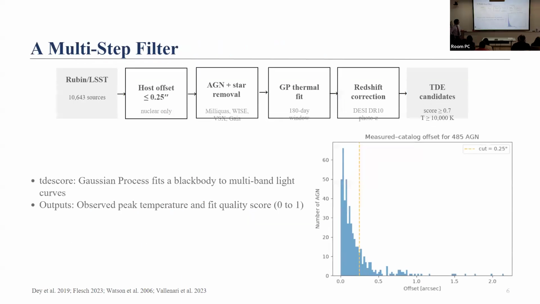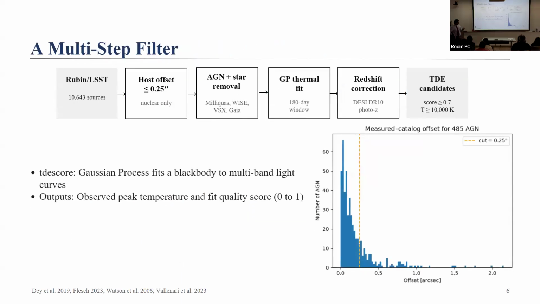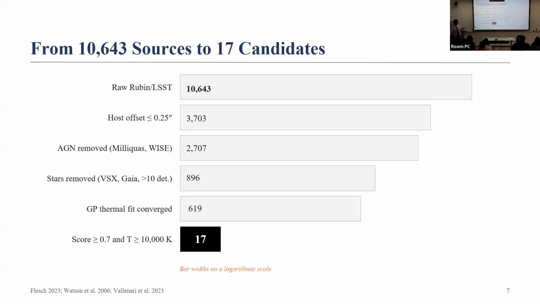Okay, so I'll go back to this. So 17 candidates were from this, right? What we did is that we have these sources and we apply this filter. Some of the sources do not have enough data, so we also took those sources out.